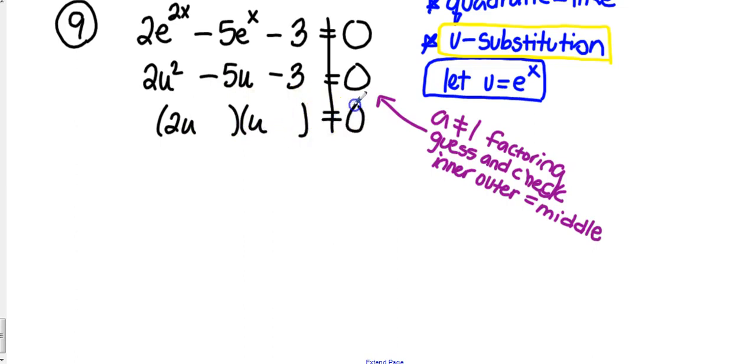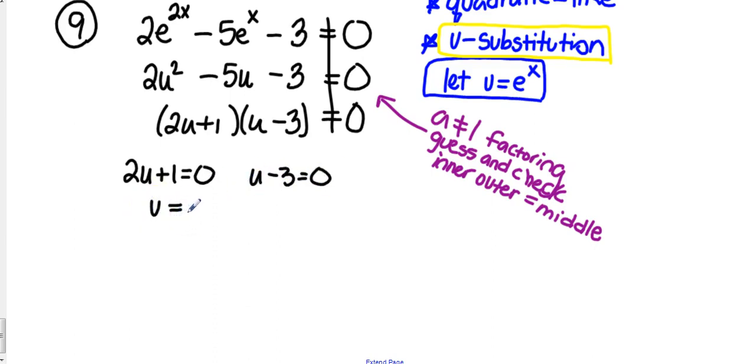So go ahead and figure out that factor combo that will work. We get 2u plus 1 and u minus 3. If we didn't get that, by the way, let me know if you need some extra factoring practice and I can print that out for you. From here, we will split this up to be 2u plus 1 equals 0, u minus 3 equals 0. Solving for u, this will be u equals, what do we get? Let's see, we get negative 1/2 over here. And here we get u equals 3.